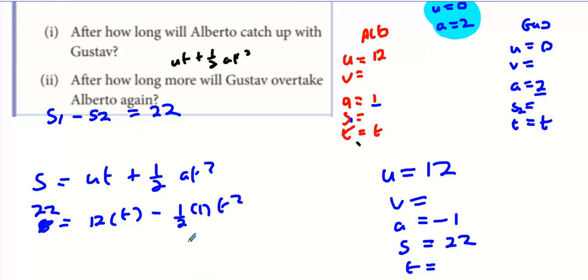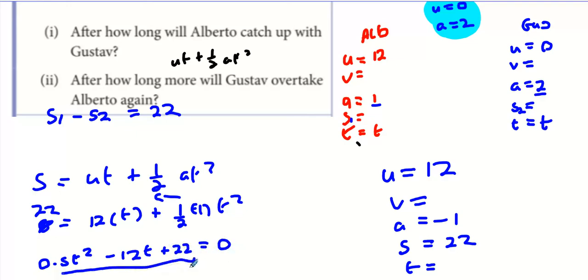I'm going to end up with exactly the same equation. 0.5 T squared when I move it over, minus 12T. Oh, it is. Sorry, and that's plus. Same trick, yeah? And then that's plus 22. And that's actually the same equation I had 3 minutes ago, isn't it? So you can do it that way, and it's quite quick as well.